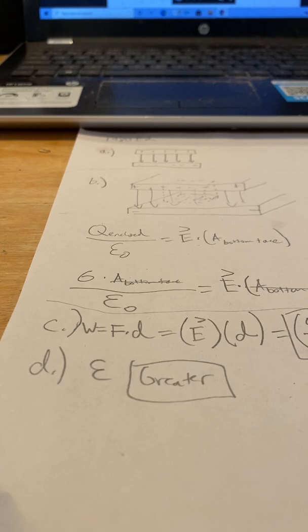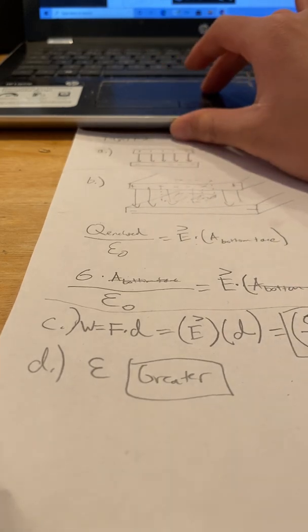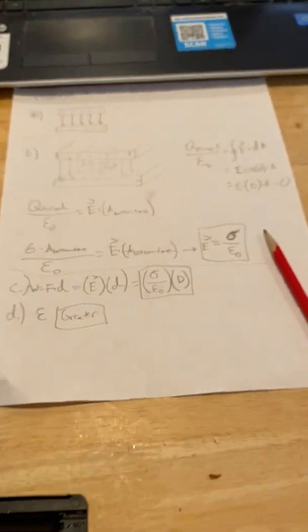It aligns the molecules inside that dielectric in the direction of the electric flux. In this case, it's from the positive plate to the negative plate, and helps strengthen the electric field. So that's my explanation.